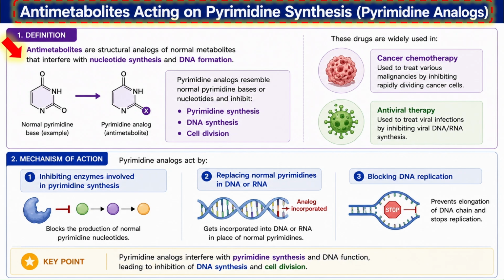These pyrimidine analogs are drugs which are widely used in cancer chemotherapy and antiviral treatment because rapidly dividing cells are especially sensitive to impaired DNA synthesis. Generally, these pyrimidine analogs act by inhibiting the enzymes involved in the pyrimidine synthesis. Just now we have discussed two enzymes. So that is the mechanism by which these pyrimidine analogs act. Next we will be discussing each of the drugs individually.